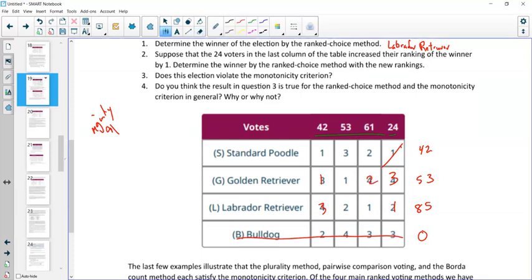This becomes 2. And now we have 95 and 85. And the Golden Retriever wins. Does this election violate the monotonicity criterion? Yes, it does.